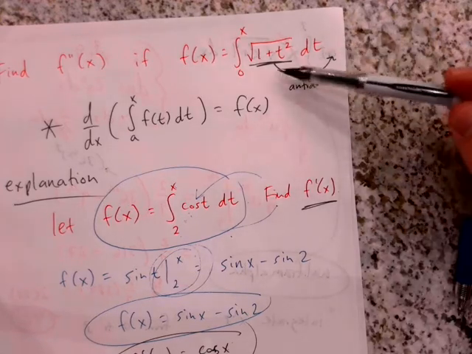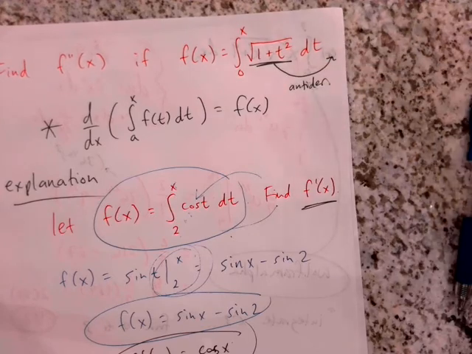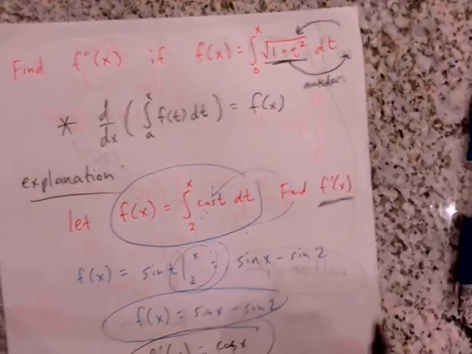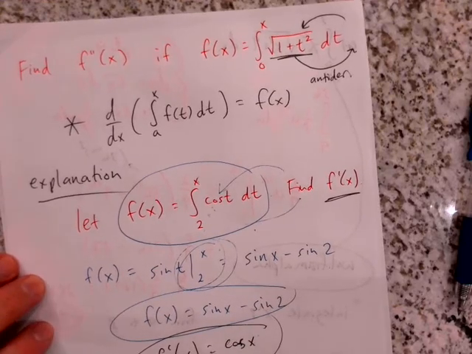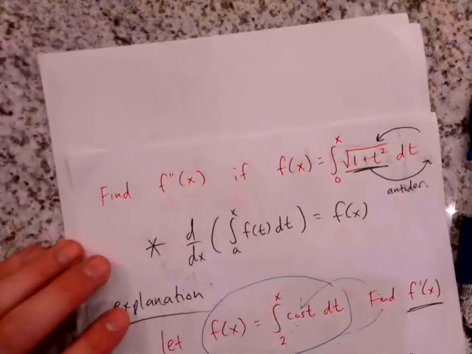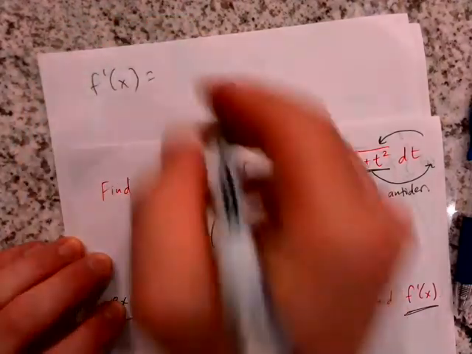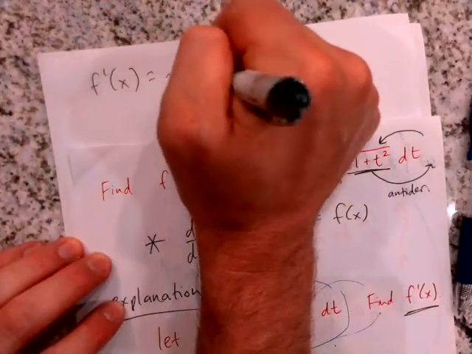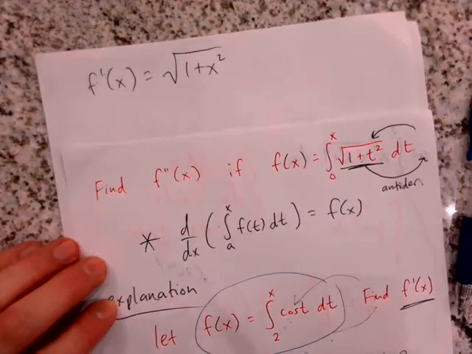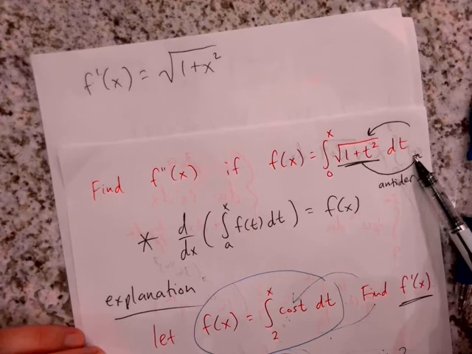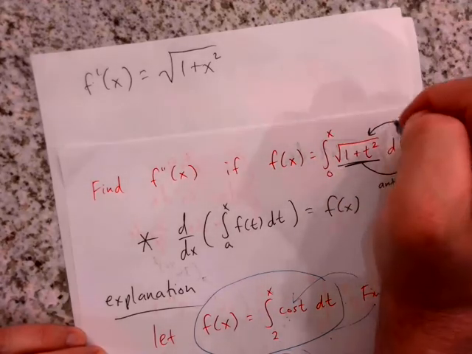But if we could, you would find the antiderivative, plug your bounds in, and then differentiate right back. So f prime is just root 1 plus x squared, because you would anti-differentiate to something, plug x into it, and then differentiate right back to this.